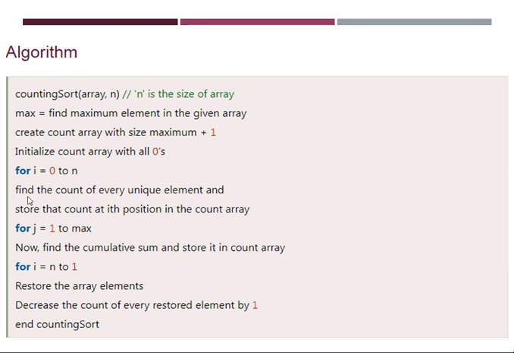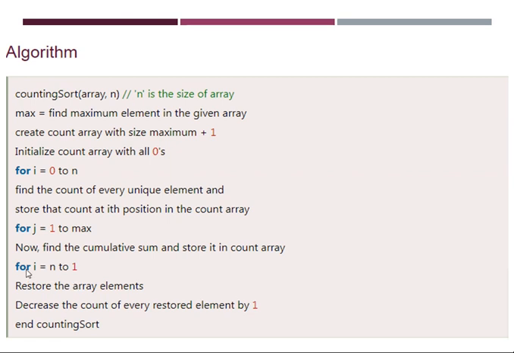Then, for the next loop, where j goes from 1 to the maximum size of the array, we find the cumulative sum and store it in the count array.